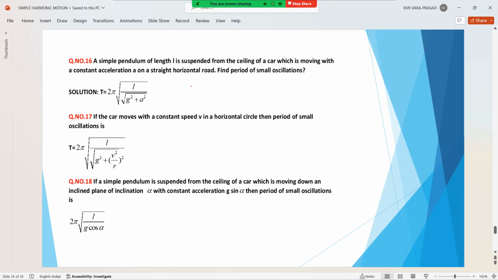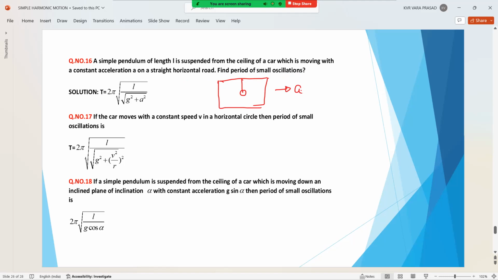Given it is in a car, I'm making a diagram here. It is inside a car, and the car is having acceleration, which is a constant.